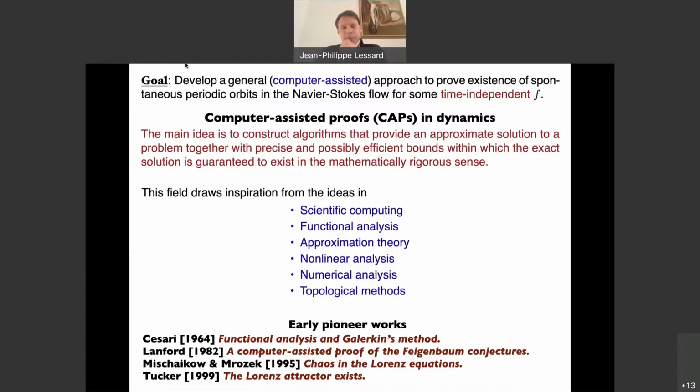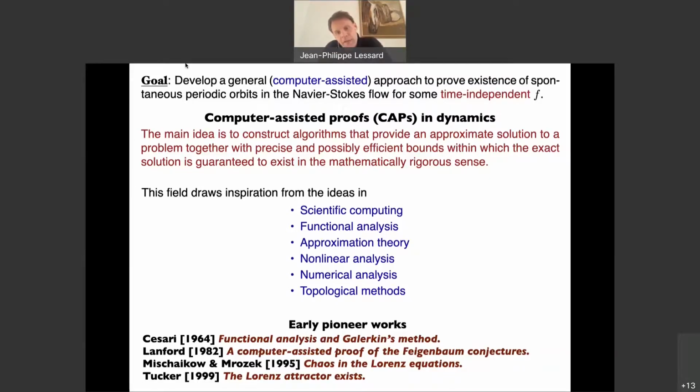He used similar ideas to prove existence for the Feigenbaum conjectures, which are about universality of the Feigenbaum constants in period doubling bifurcation. So he used the computer to prove the existence of a fixed point. In that case, he used Taylor series expansions to represent the fixed point. But again, these ideas that I will present today go back quite a while in the past already.